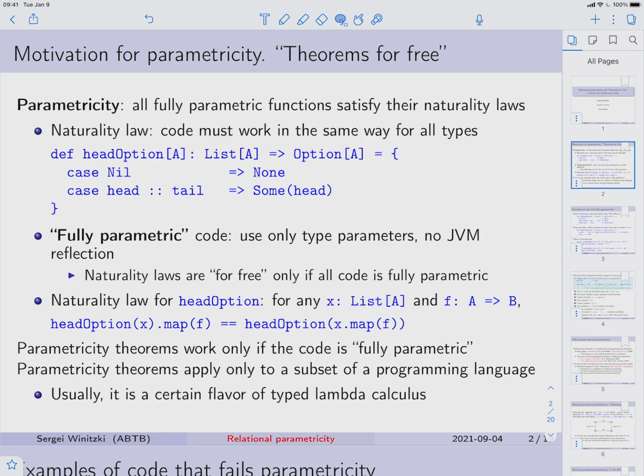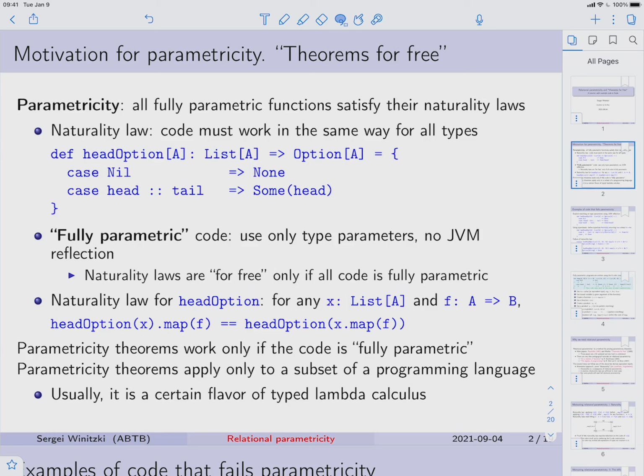So this is what fully parametric means. Fully parametric code only uses type parameters. It does not use, say, Java reflection to determine types. And so naturality laws and other such theorems are for free in some sense, but only if the code is fully parametric.